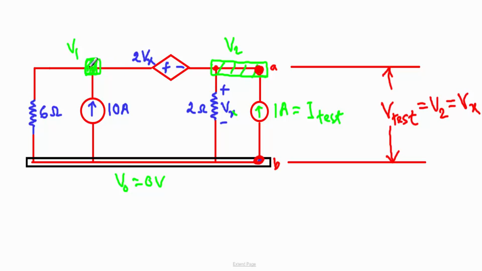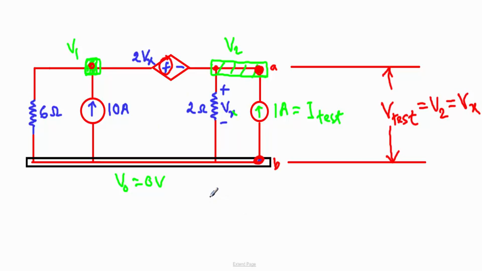Now look at this node 1 and node 2. You will see that a dependent voltage source is connected between node 1 and node 2. That means if I want to apply nodal analysis, I cannot. I have to proceed with the concept of supernode. And here, before applying the KCL in the supernode, I have to write this equation. The positive terminal of this voltage source is connected at node 1.